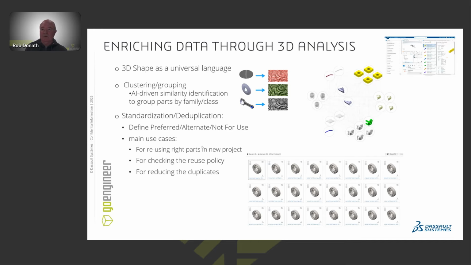That way, when they go to search for a component and they have 6 different options, they'll be driven toward using the preferred or the alternate, and they'll stop reusing a part that's no longer for use because you're trying to remove it from inventory and take advantage of the standardized component part.